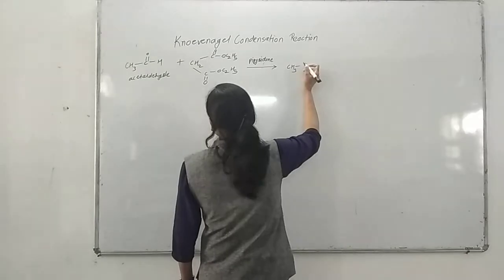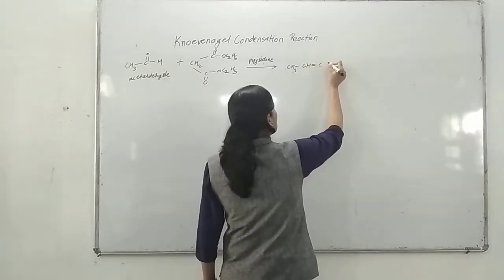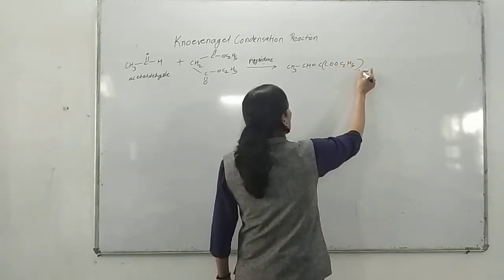This type of compound, CH3 CH double bond C, COOC2H5 twice.